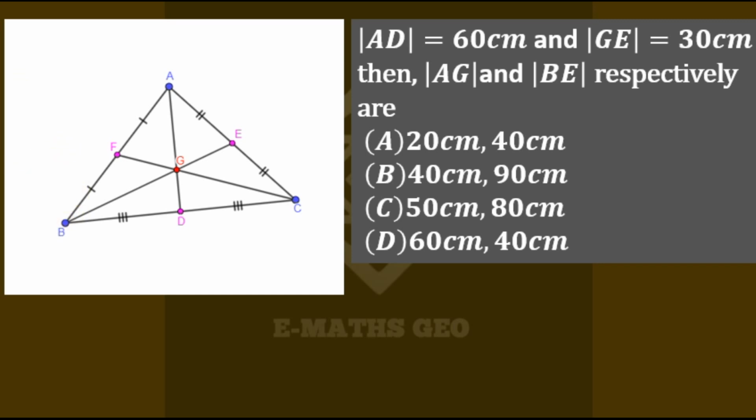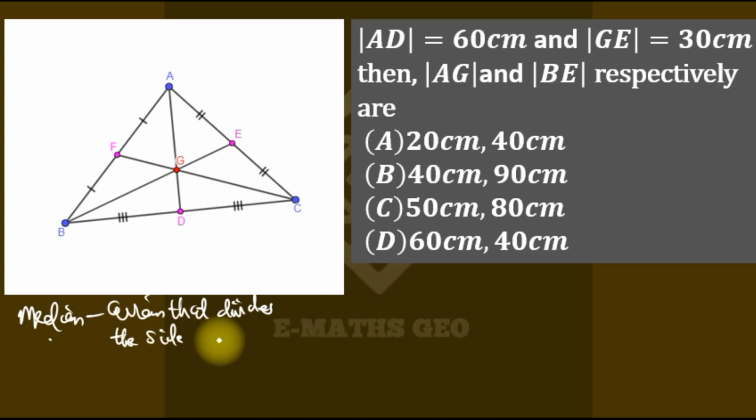The centroid is the point of intersection of the medians. A median is a Cevian that divides the side of a triangle into two equal parts.